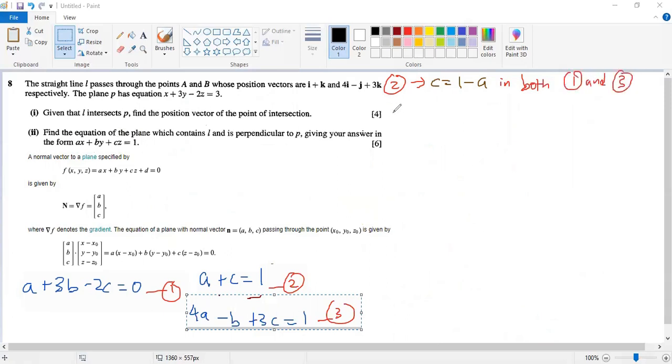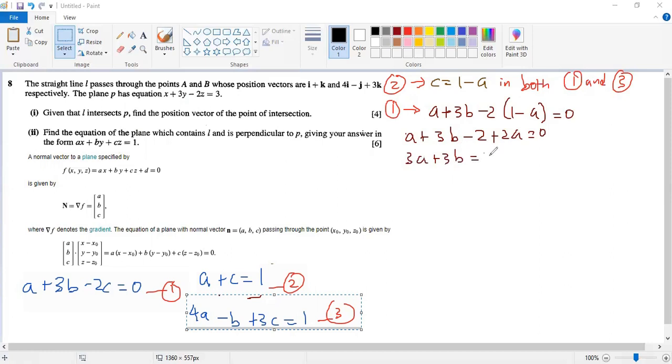In equation 1, it becomes a plus 3b minus 2 times (1 minus a) equals 0. Let's simplify this a little bit, and double check just in case. So a plus 3b minus 2 plus 2a is 0. All right, so this becomes 3a plus 3b equals 2.